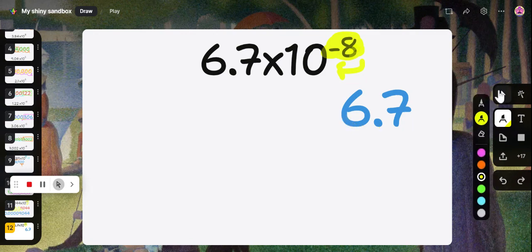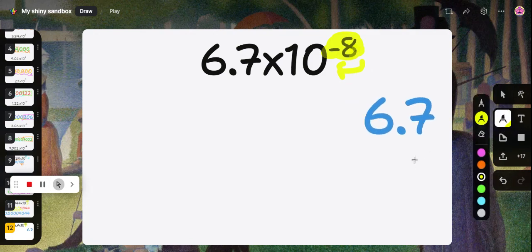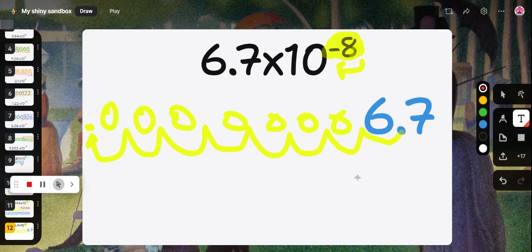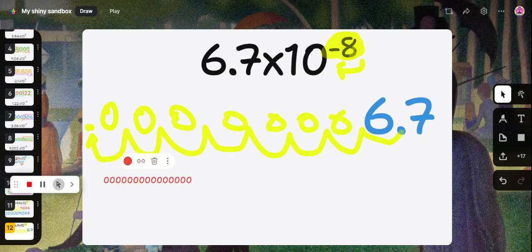Ooh, hold on. I don't think I left enough space for my jumps. 1, 2, 3, 4, 5, 6, 7, 8. So your answer is 0.000000067.